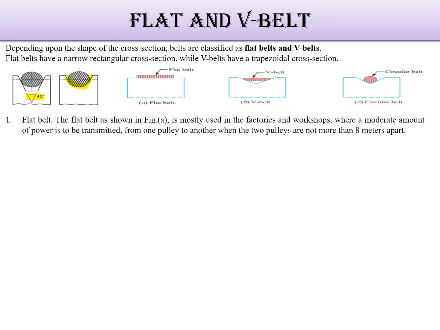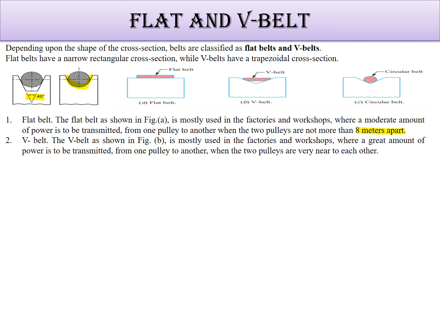Flat belt is mostly used in factories and workshops, and this is the most important part, that we can't use more than 8 meters center distance. If the two pulleys are between 0 to 8 meters apart, we can use it, but more than 8 meters it is not recommended. For that we need an extension first.